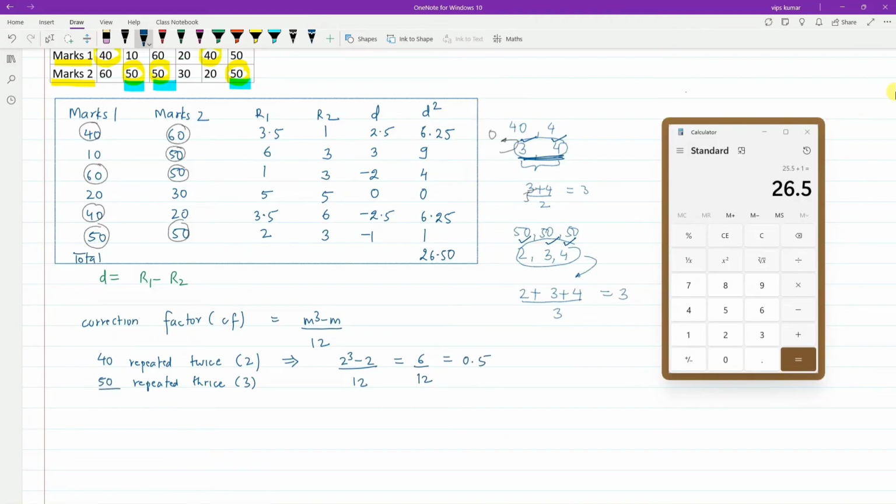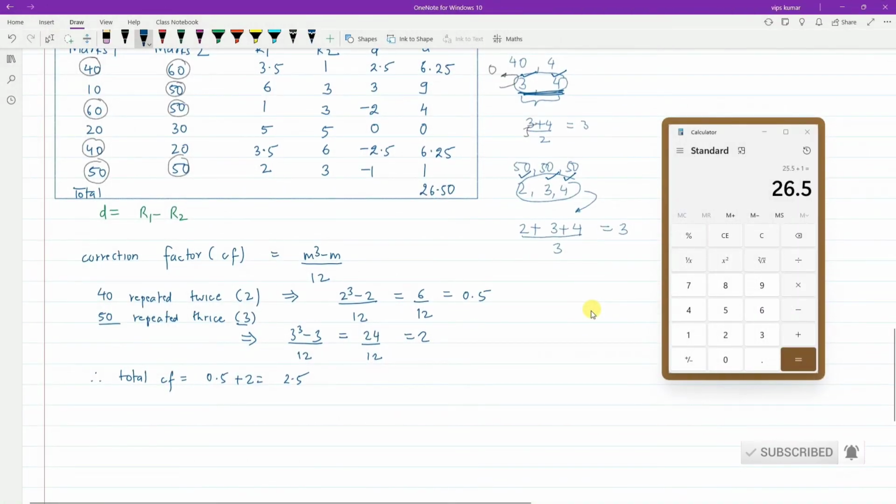For 50, which is repeated 3 times, the correction factor is 3 cube minus 3 upon 12, that's 27 minus 3, 24 upon 12, which is 2. Therefore the total CF is 0.5 plus 2, which is 2.5.